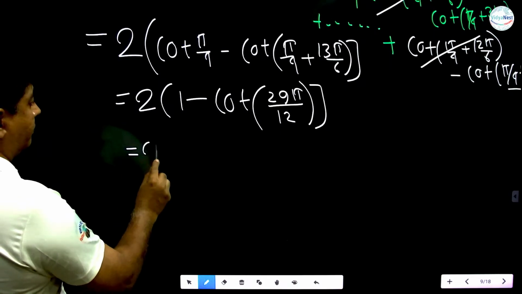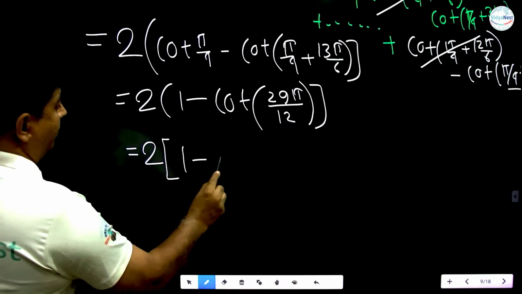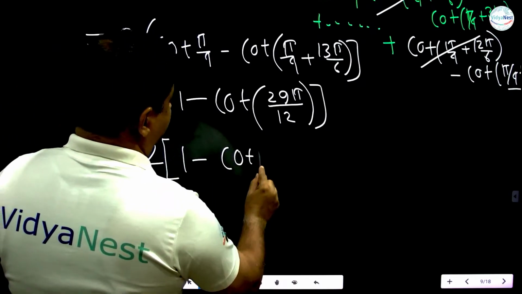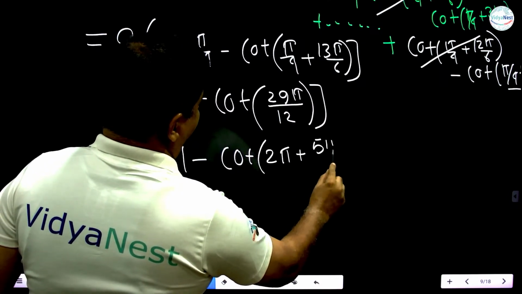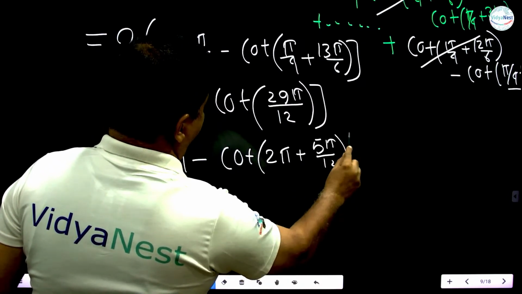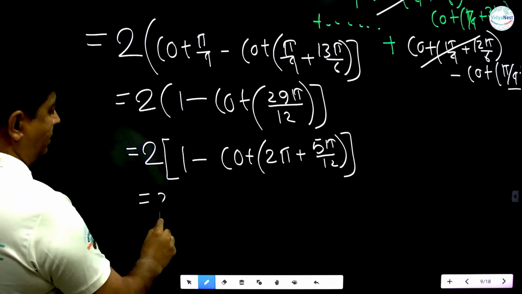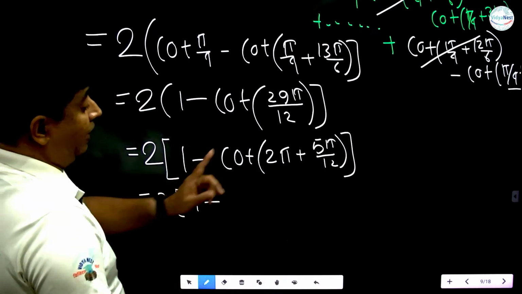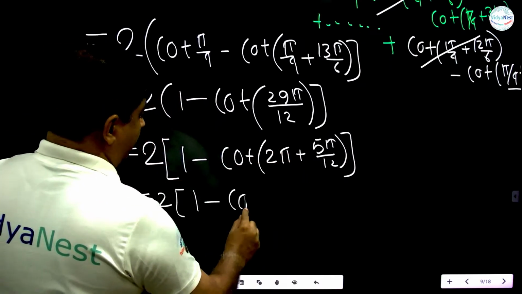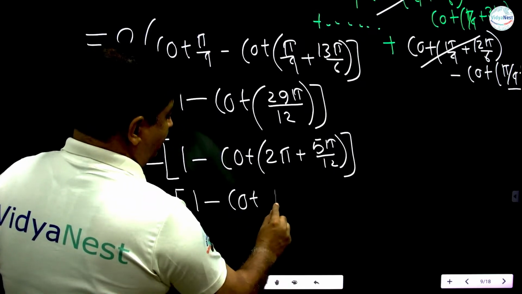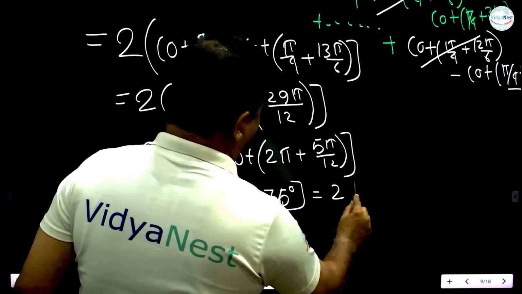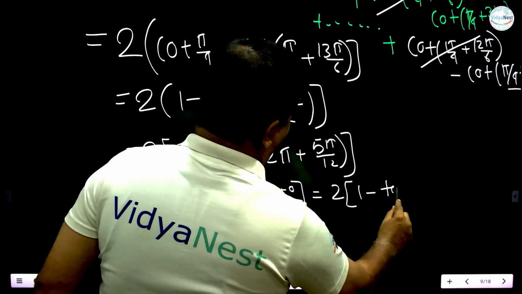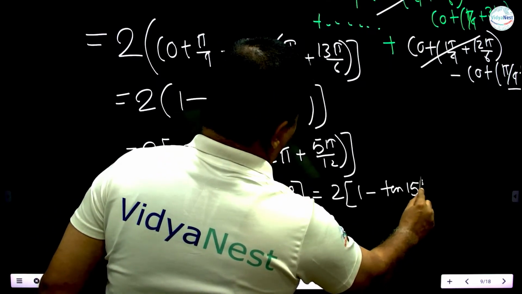How? 1 minus cot, that will give you 2 pi plus 5 pi by 12. 2 pi plus 5 pi by 12 means it lies in the first quadrant. Cot 5 pi by 12 means cot 75 degrees, and cot 75 and tan 15 are the same.